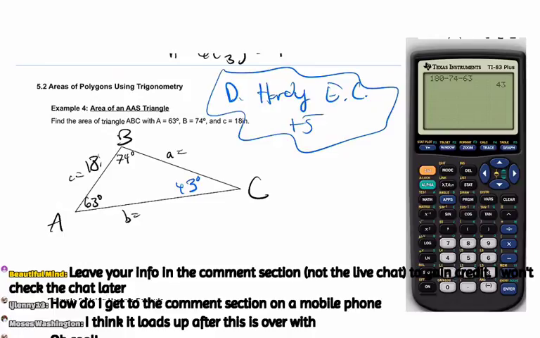So is this the ambiguous case? No, because it's angle side angle, so we're okay. So we want to find the base B. Let's try the law of sines.